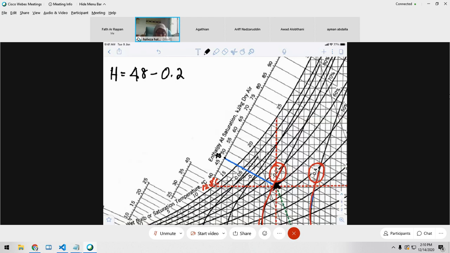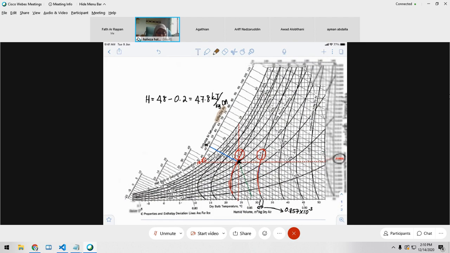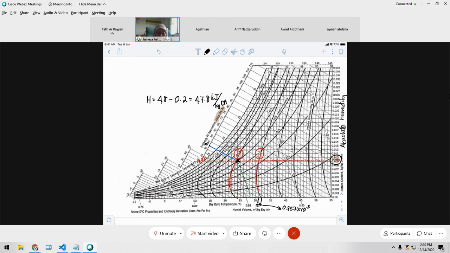We get 47.8 kilojoules. Please bear in mind that is per kilogram dry air. That is your unit, kilojoules per kilogram dry air. So that is your initial enthalpy, the condition when it enters.